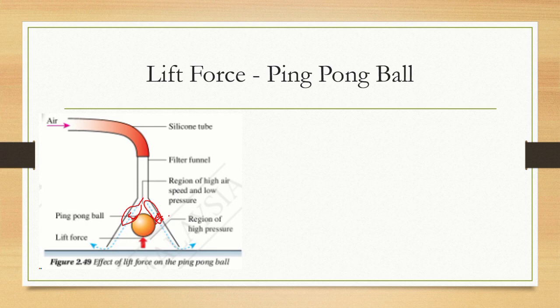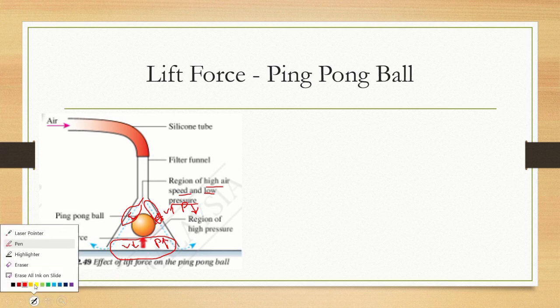So the higher the velocity, the lower the pressure. So sini velocity akan tinggi and the pressure is lower. High speed and low pressure. While this region, this big region has a big area, so the velocity will become lower and pressure will increase.